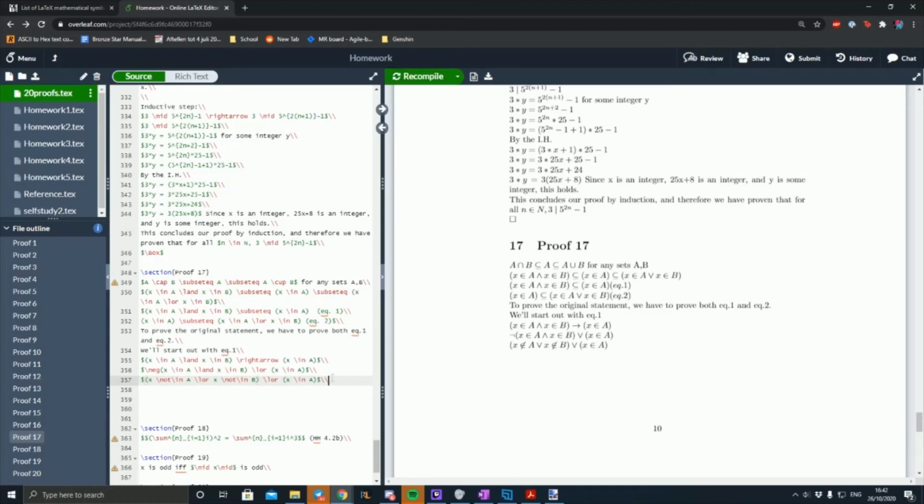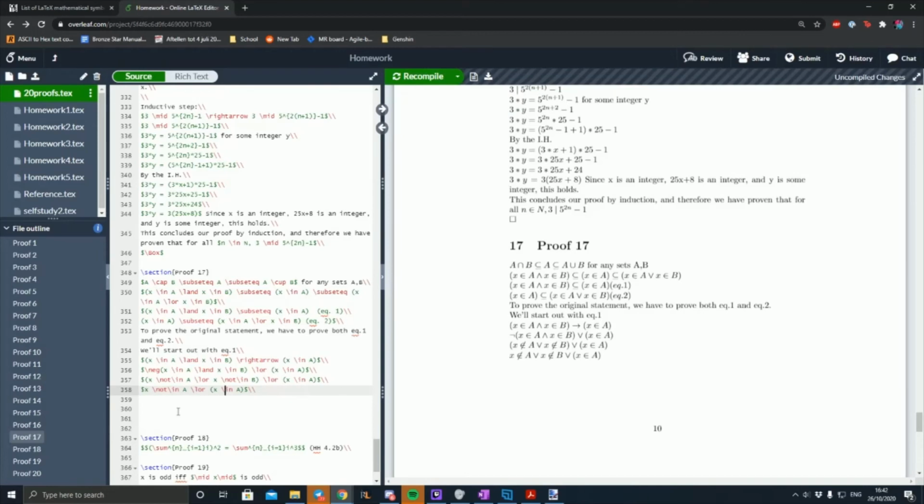And because these are all ors, we can take away the brackets, and we can reorder this. So I can put this lor near the end, and lor stands for logical or, by the way.